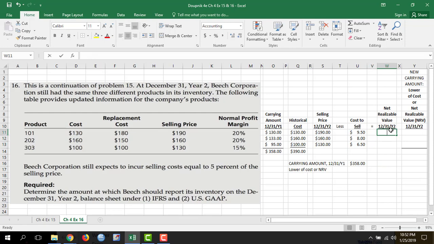So with that information, I can calculate the net realizable value for each of the 3 products. Net realizable value is $180.50 for product 101, $152 for product 202, and $123.50 for product 303.